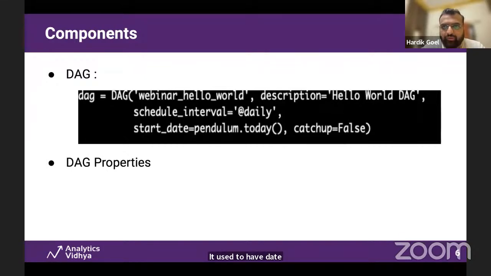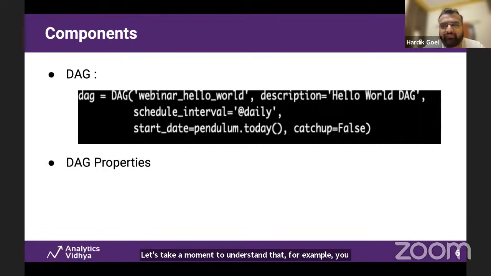Catch up false. Okay, so catch up is something which is just like your backfilling. So what is backfill? What is catch up? Let's take a moment to understand that. For example, you have a job which is running on a daily level, and now you want to run a job for a particular day which has elapsed 10 days ago, for example.